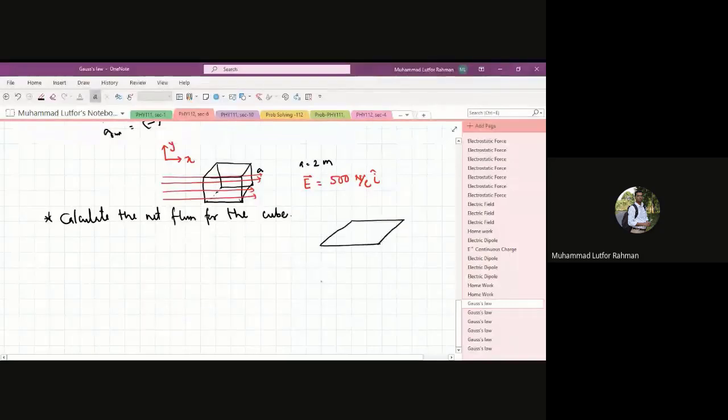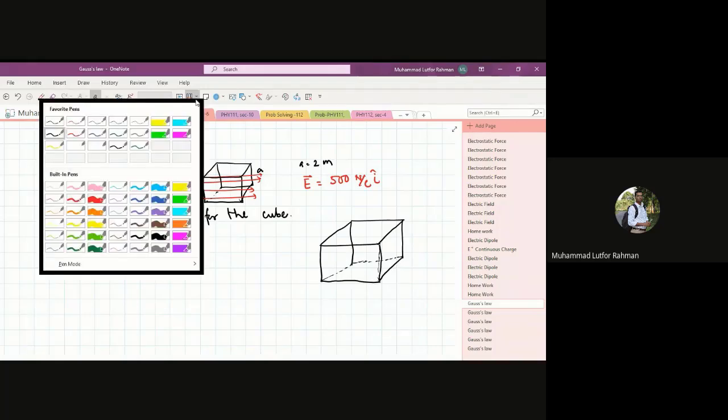I'm going to label those 6 faces also. So consider this. There are 6 faces of this cube.